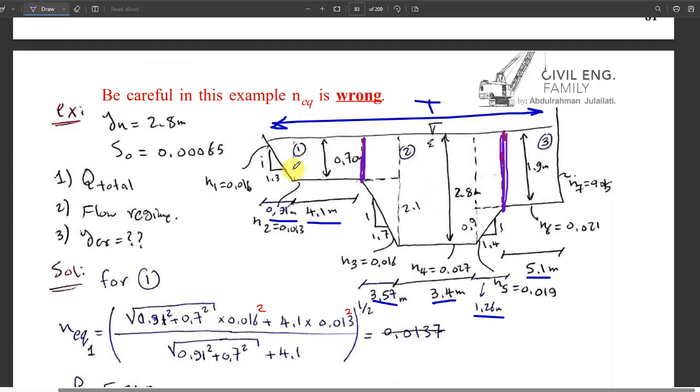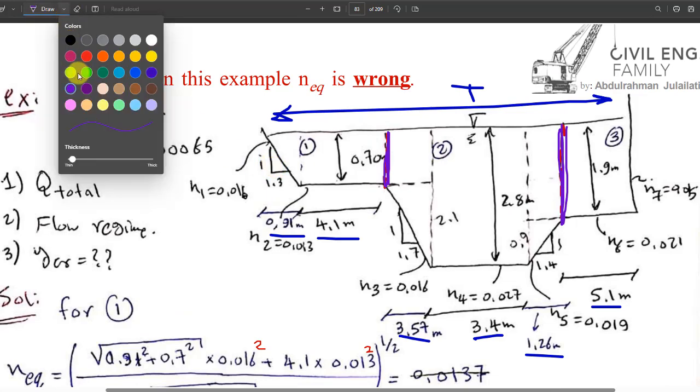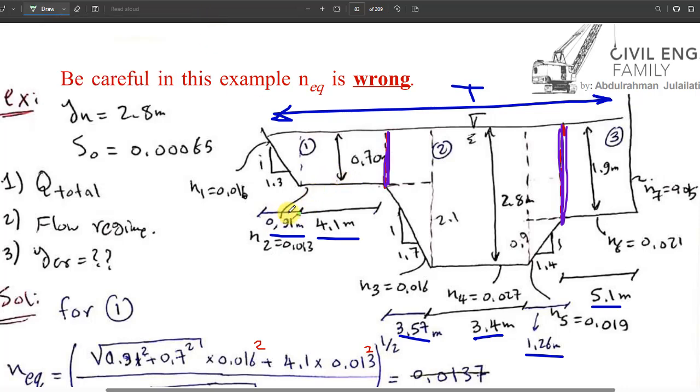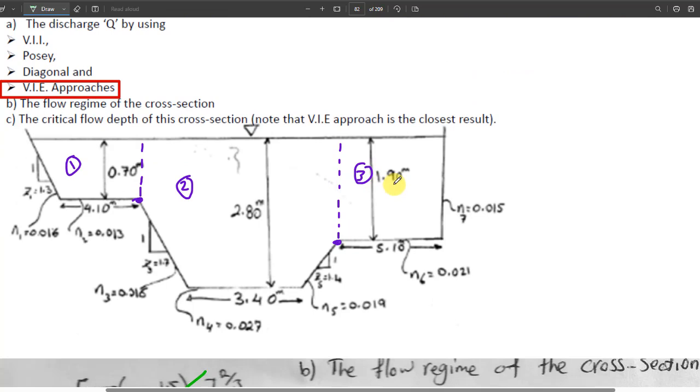First, I always try to finalize these diagonal distances, because they depend on this ratio. Mainly they gave us this one, 2.8. Let me see the given. Yes, these are all given.